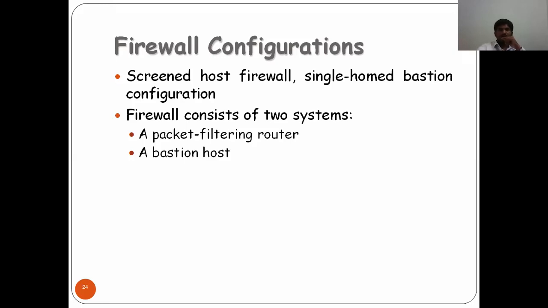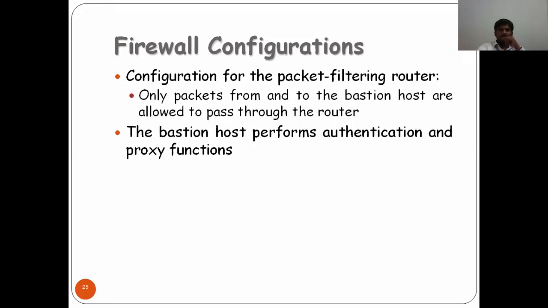So how are we going to do the packet filtering? In the configuration for the packet filtering router, only the packets from and to the bastion host are allowed to pass through the router. Which type of packets does the packet filter allow? The bastion host is going to provide the security.